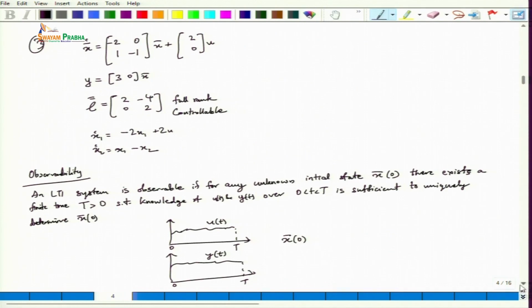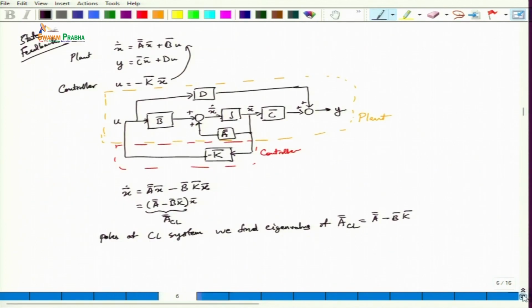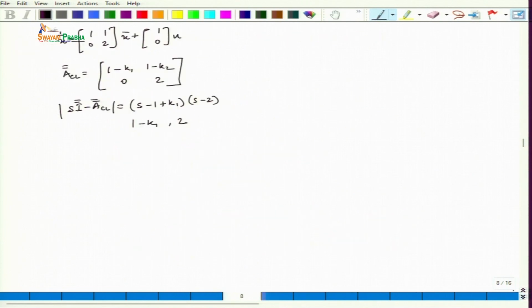So the concept of observability now comes into play, and if they are observable, we'll need to design a state observer. So if the states are not measurable, then we can use an observer. So let us start. We have a plant.